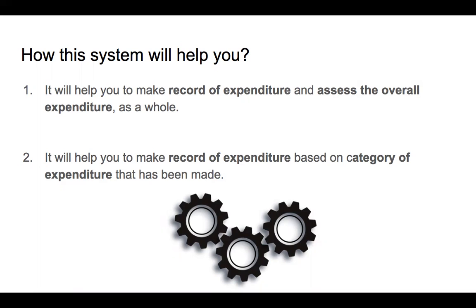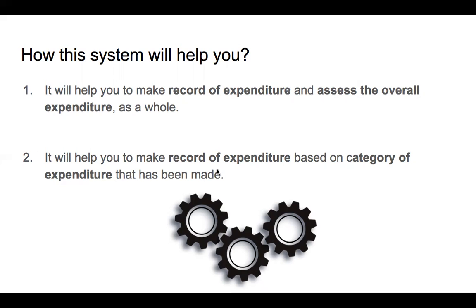For the first system, we just record all the expenditure on a daily basis, and assess it at the end of the day, as well as every month, and even every year if you want.